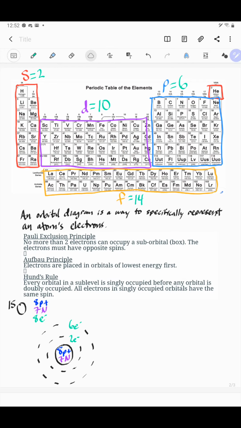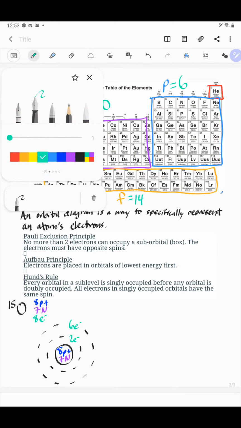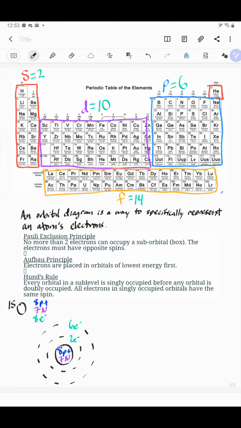All right, next, let's draw our orbital diagram and pay attention to these rules written here so that we draw it correctly. So oxygen 15, we're going to start every orbital diagram with an arrow pointed up that is labeled energy.